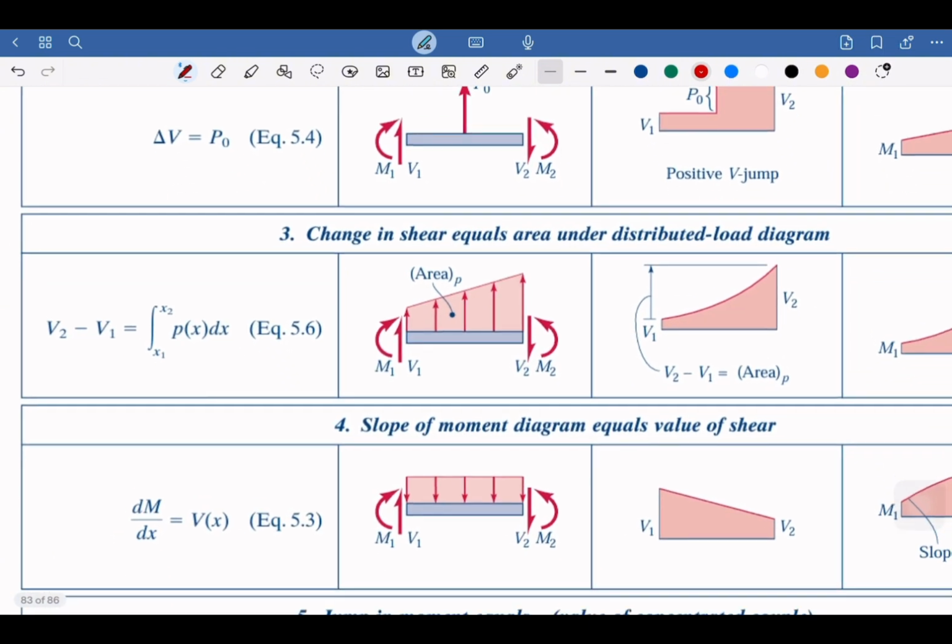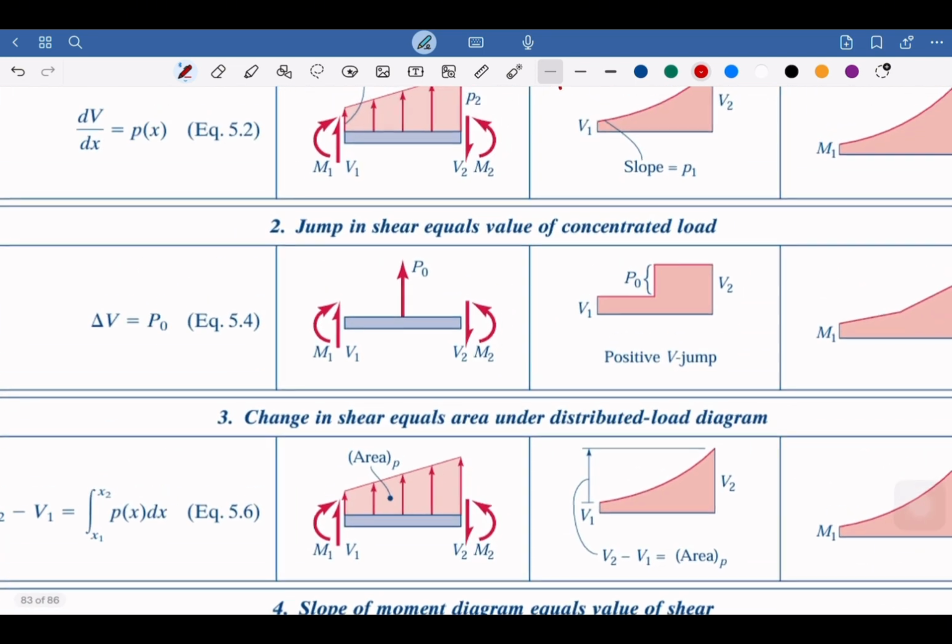The third one is the change in the shear, which means the difference is equal to the integration, the area under the curve. I believe it is very similar to the first one.